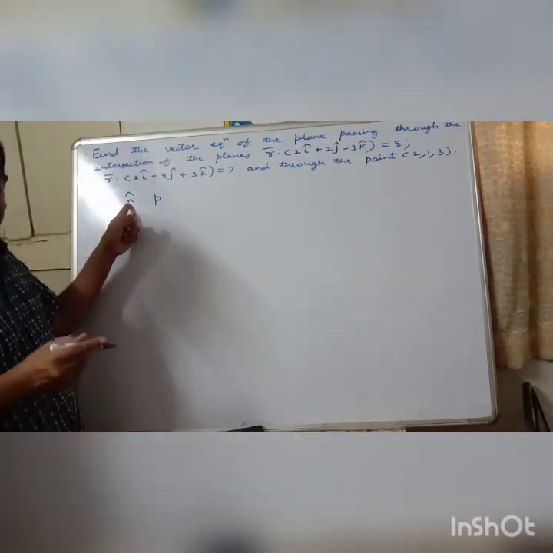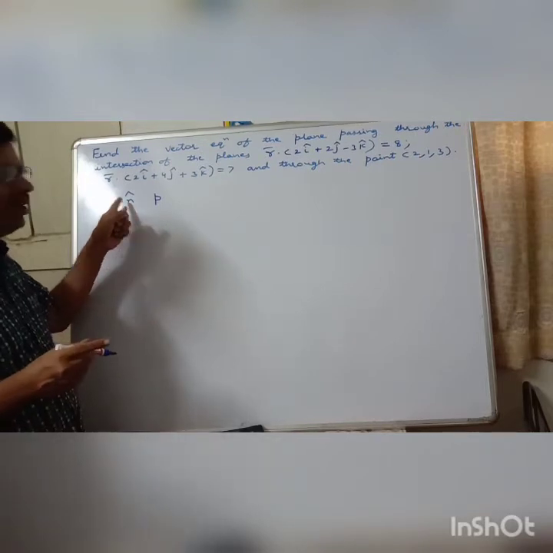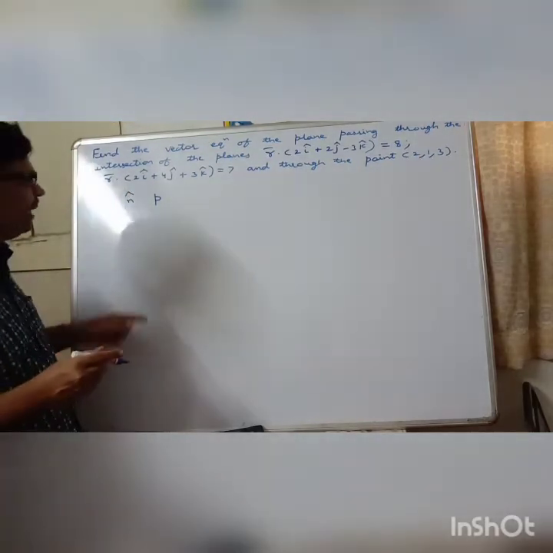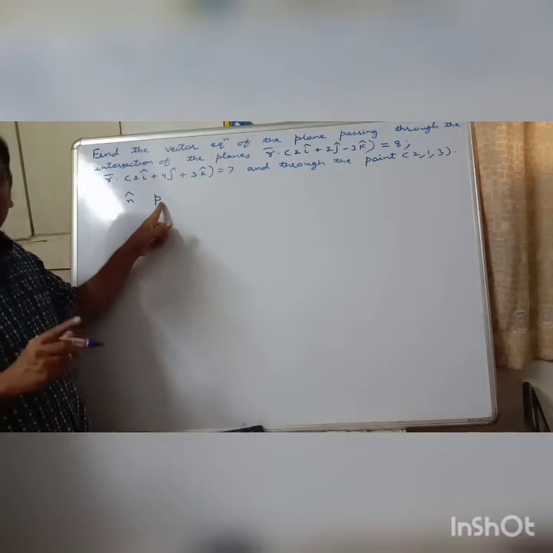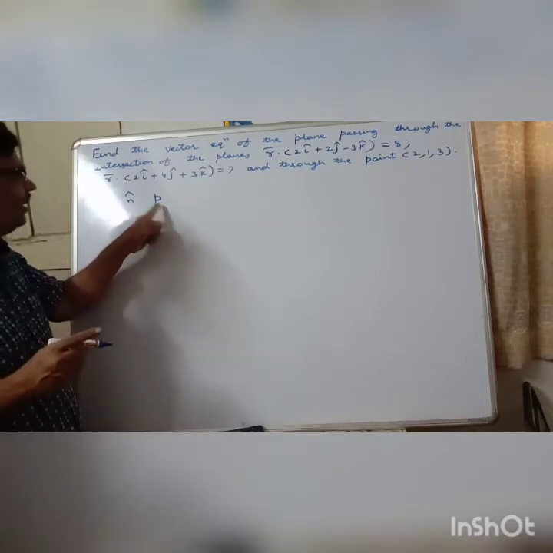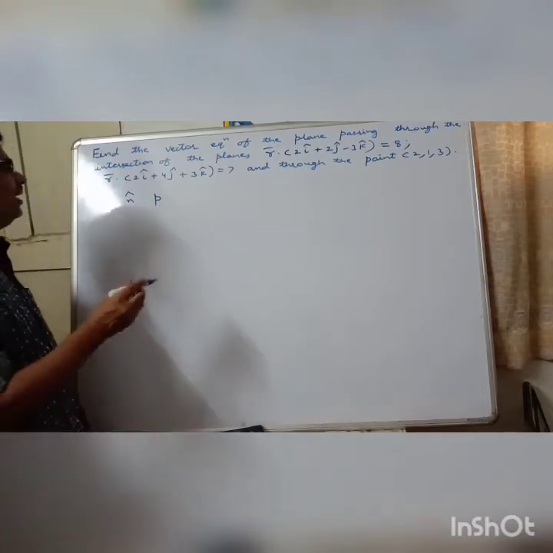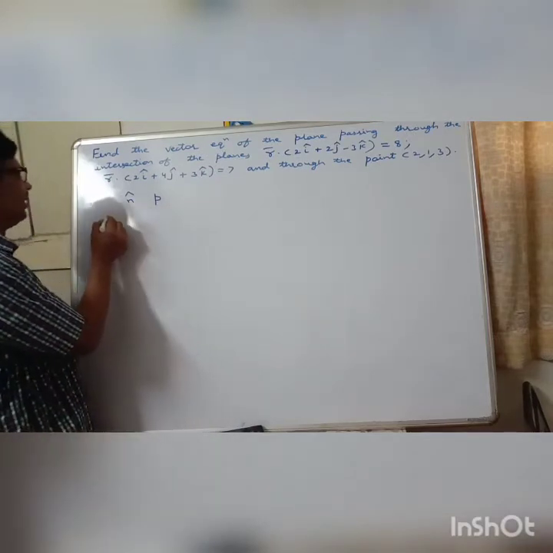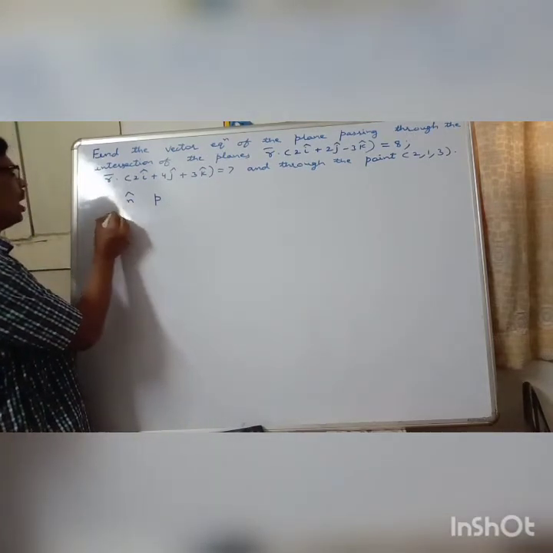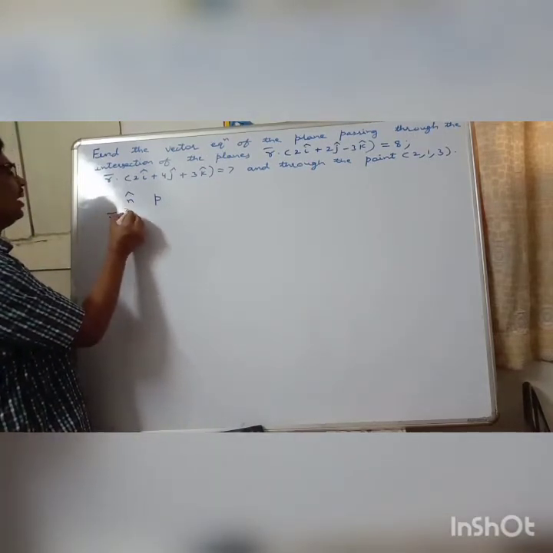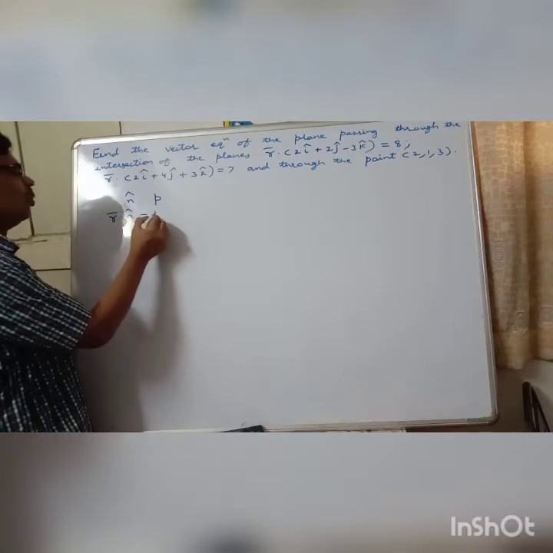Suppose n cap is a unit vector normal to the plane, p is the perpendicular distance of the plane from origin, then equation of plane in vector form r bar dot n cap equal to p.